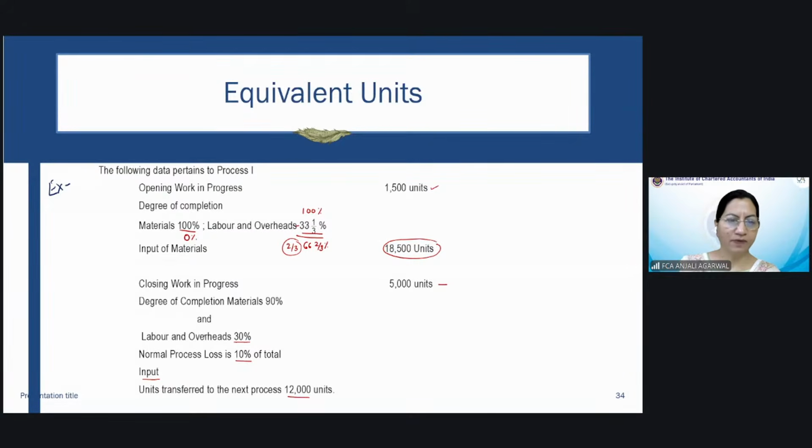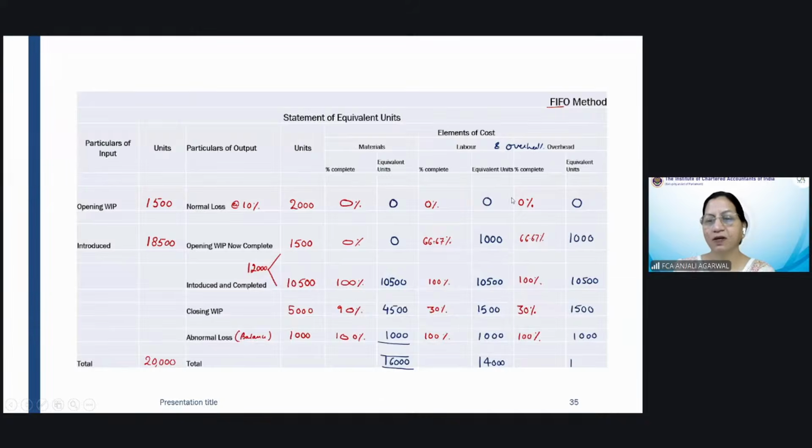In closing WIP it was the same. In normal loss also we assume 0%. And in abnormal loss also we assume 100%. So in all the places, the labor and overheads percentage was exactly the same. So instead of making separate columns for labor and overheads, because you will always be short of time in the exam, you can combine the two, labor and overheads, and ignore the last column.